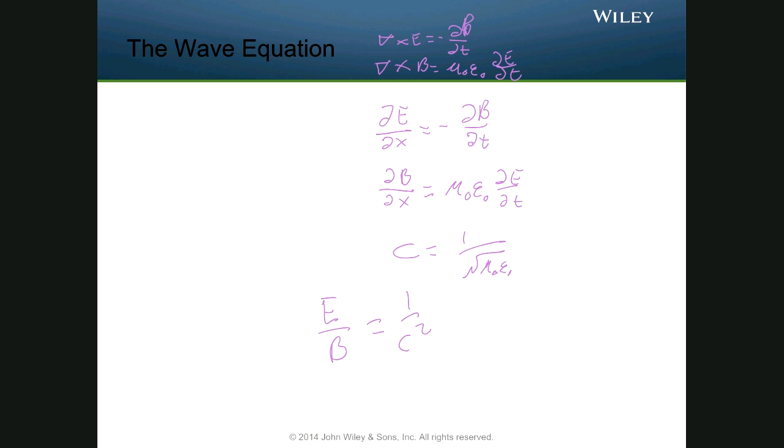They use that quite a bit. No, wait a minute, I got that wrong. E over B is equal to C. I'm just making all sorts of mistakes tonight.